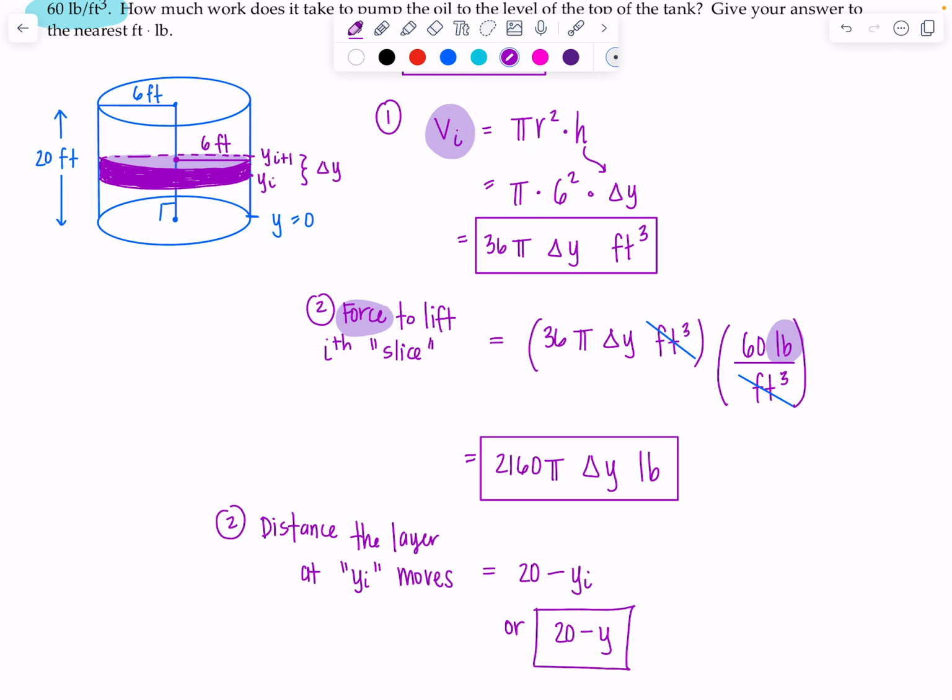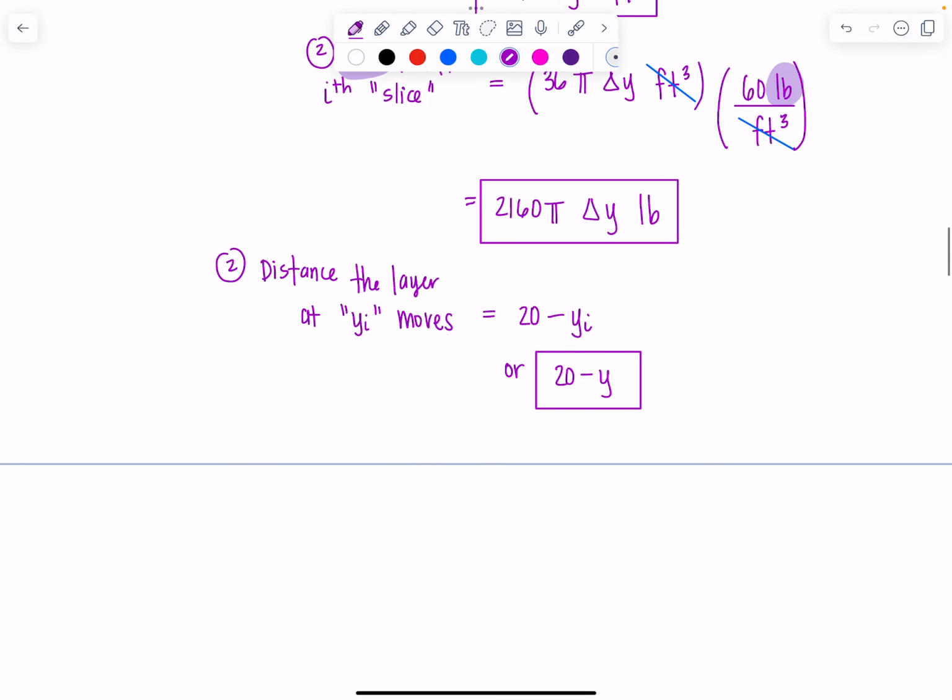Okay, we're ready to roll, people. I know it may not feel like it, but we certainly are. So here we go. Work is going to be, put all this together, work equals. We'll talk about the limits in just a second. I have 2160 pi. Delta y becomes dy in my integral, and then I have 20 minus y. I'm going to color code for you right now, don't worry. 2160 pi, here it is.